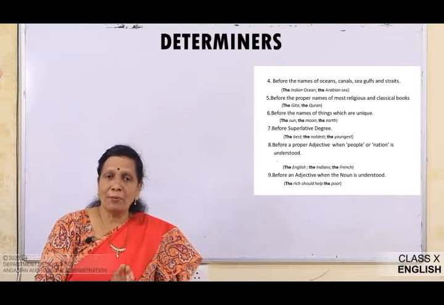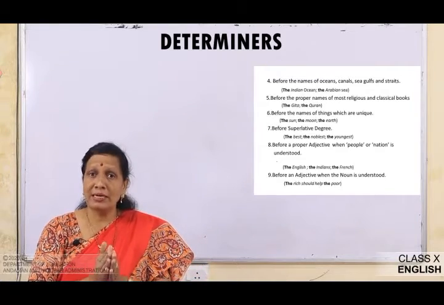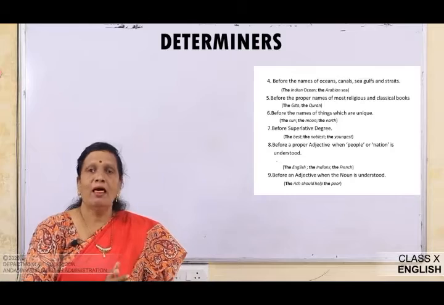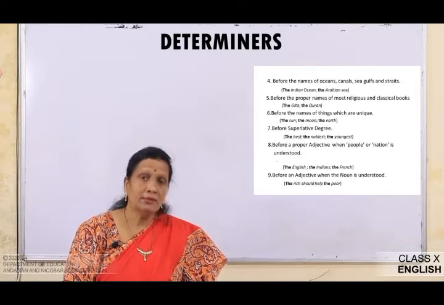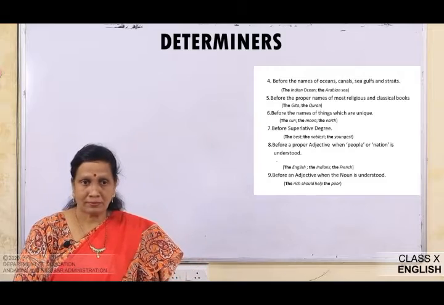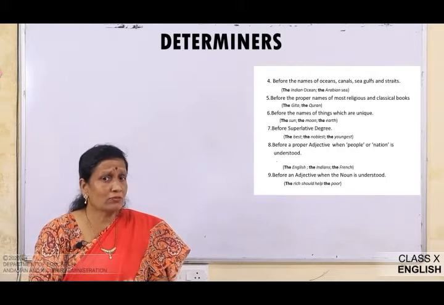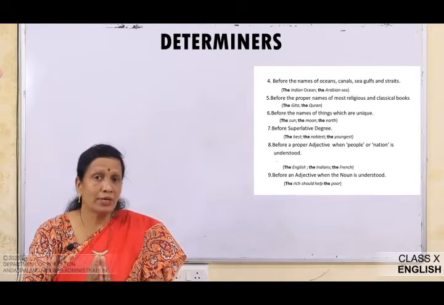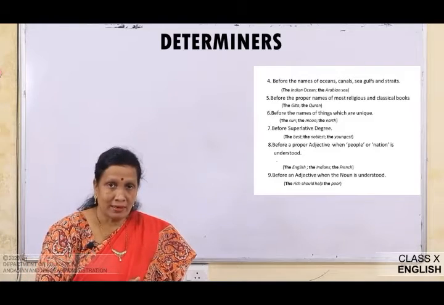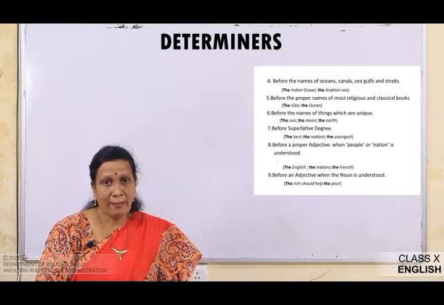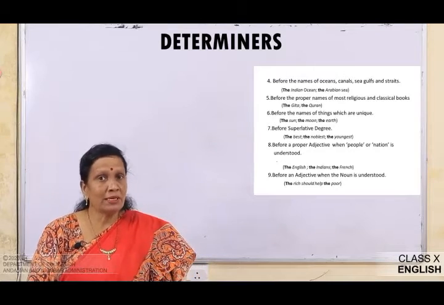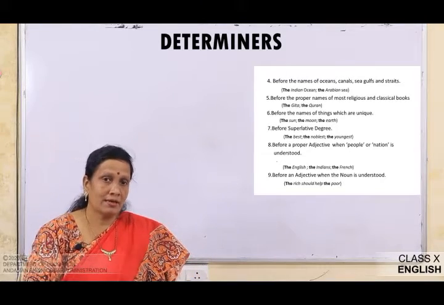Before the proper names of most religious and classical books, for example, the Geeta, the Bible, the Quran. Before the names of things which are unique, the sun, the moon, the earth, okay? And before superlative degree, the third degree.